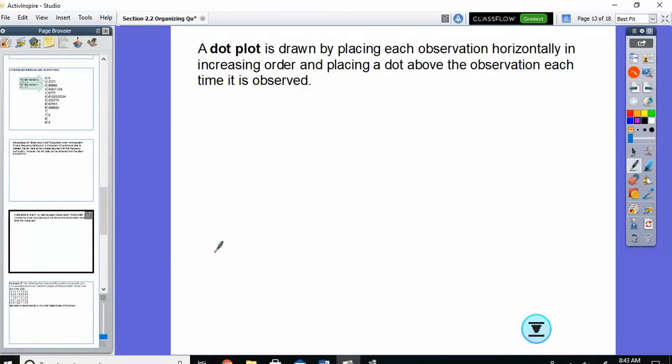One final type that we might see is a dot plot. It's kind of like a bar graph. So if I were going back to the number of cars example, as you're going through your data, each time a number shows up, you put a dot there.